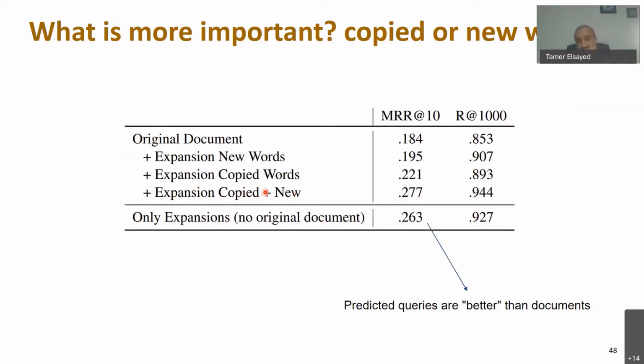So still we need both to get better performance, but this indicates that the predicted query is really very informative and even better representation than the entire document. Maybe we can have something in between these two lines that will be even better than that.